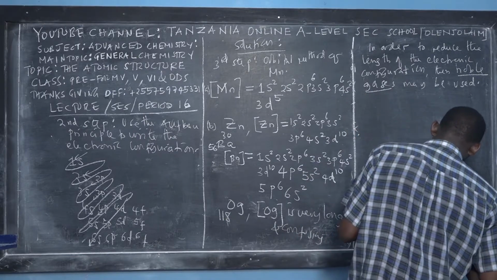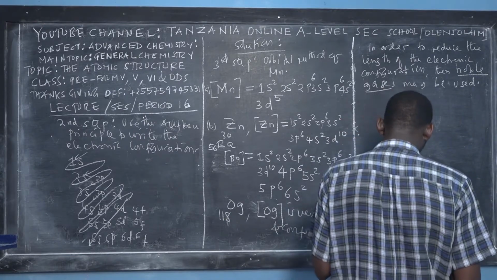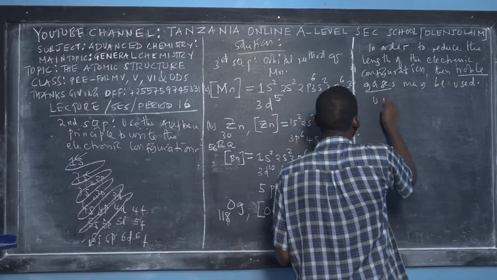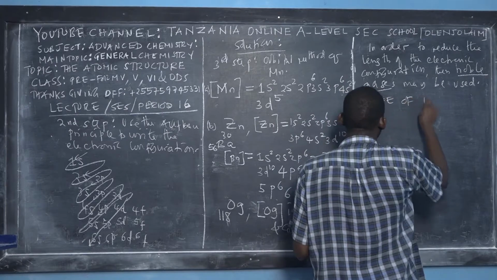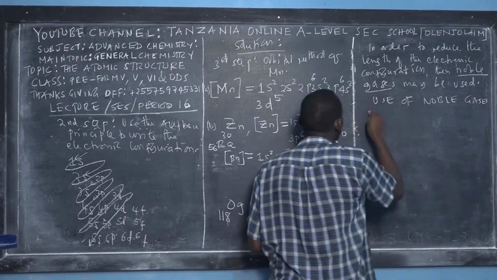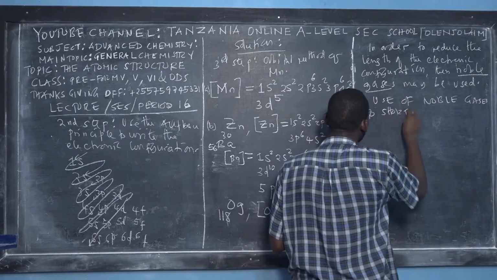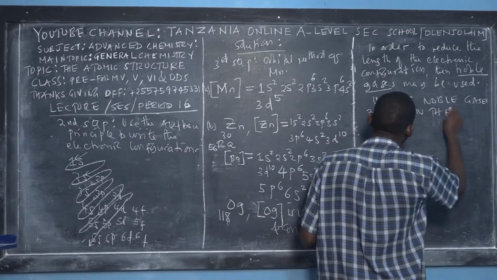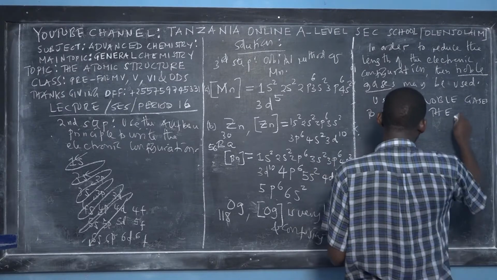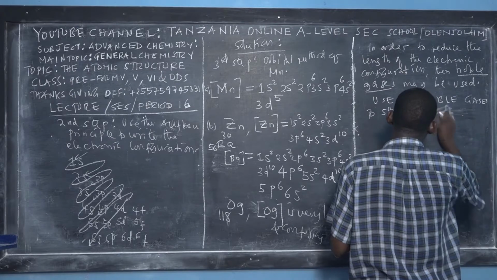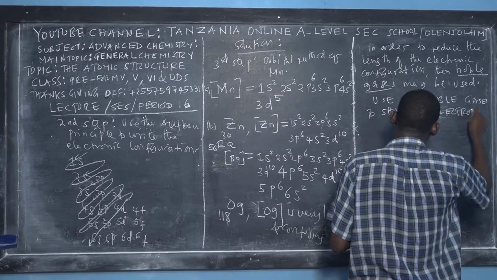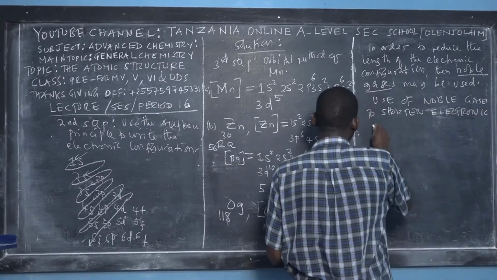Electronic configurations using the noble gases are used to shorten the configuration. So the subtitle is: use of noble gases to shorten the electronic configuration.